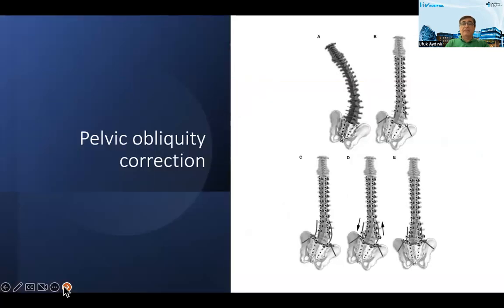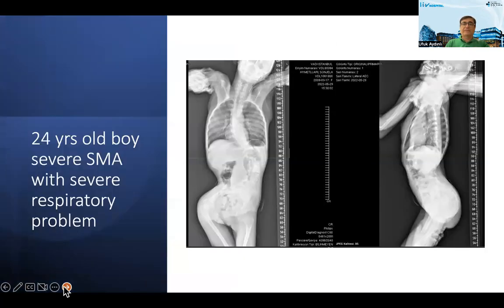This is how you can correct the pelvic obliquity. You can have a foundation at the upper thoracic level and the lower lumbar, upper lumbar level. Then you have the foundation of the ilium. Then you connect and you correct the deformity.